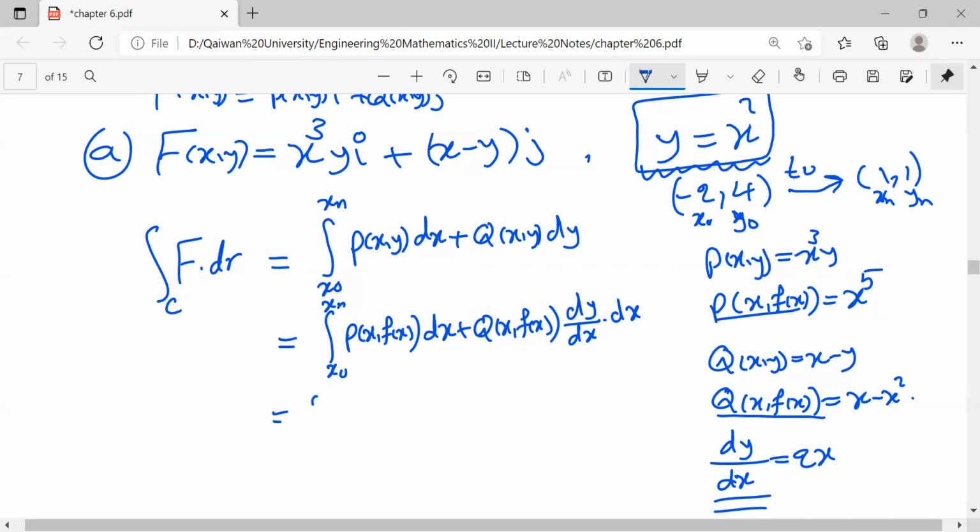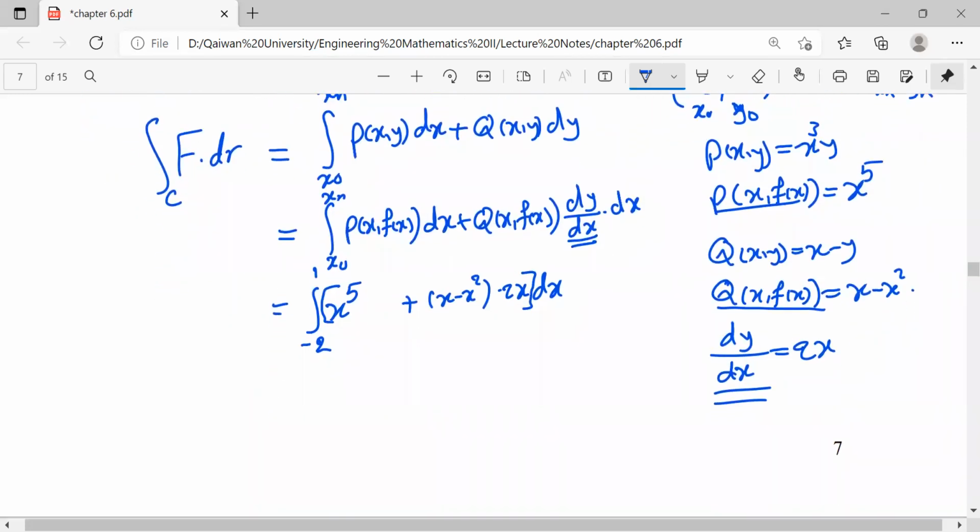This equals the integration from -2 to 1 of P of x and f of x, which is x to the power 5, dx, plus Q of x and f of x, which is x minus x squared, times dy by dx, which is 2x, dx. As you see, both terms include dx. So we just take dx as the common. That means we take the integration for both terms together.